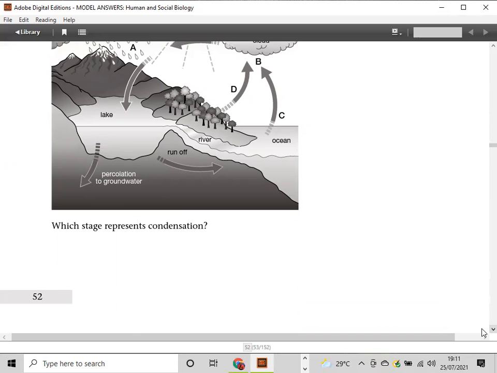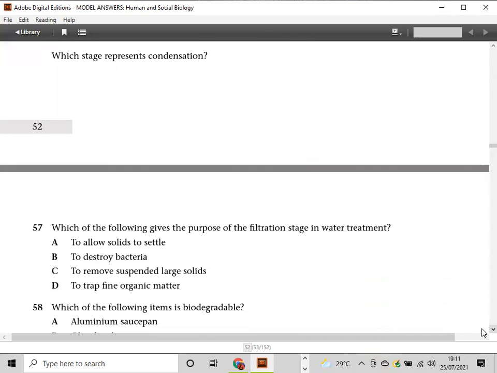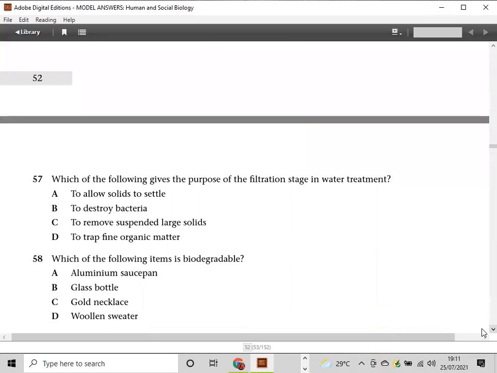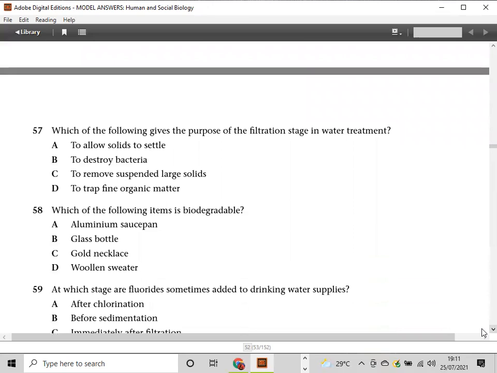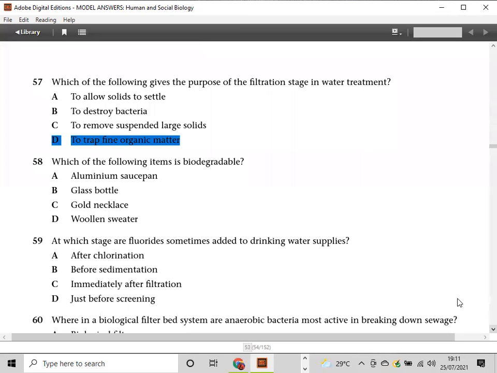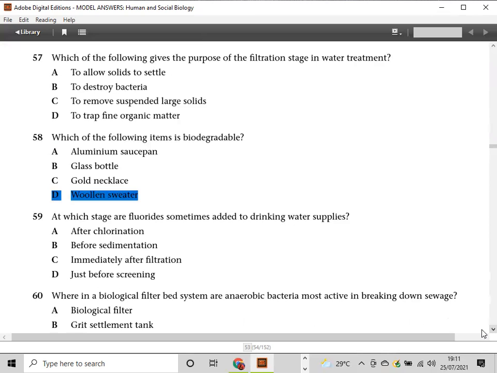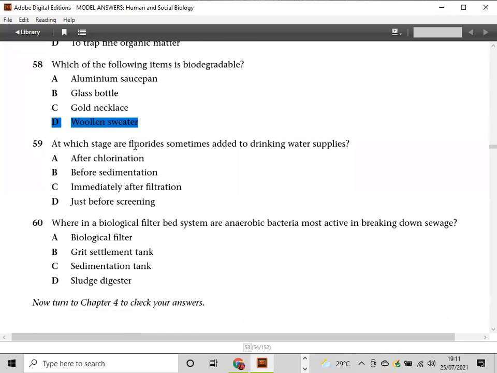Alright. So guys, for the other ones, I just want you guys to scroll through it. I just want you guys to see it. 57, which of the following gives the purpose of filtration in water treatment? So 57 is D. I still think I'm going good. 58 is D. And 59 is at what stage are fluorides sometimes added to drinking water supplies, and that is just before screening.